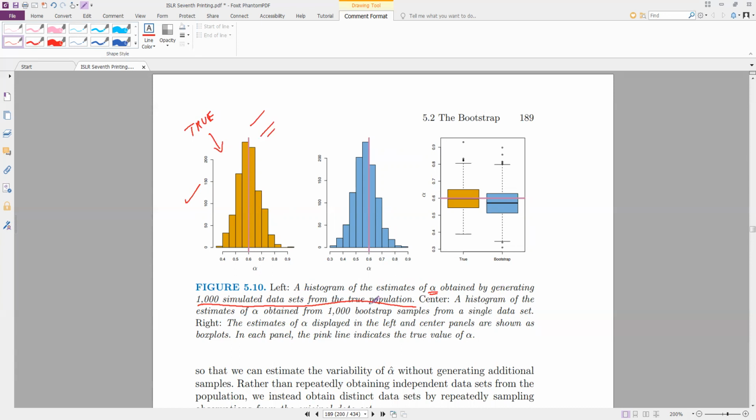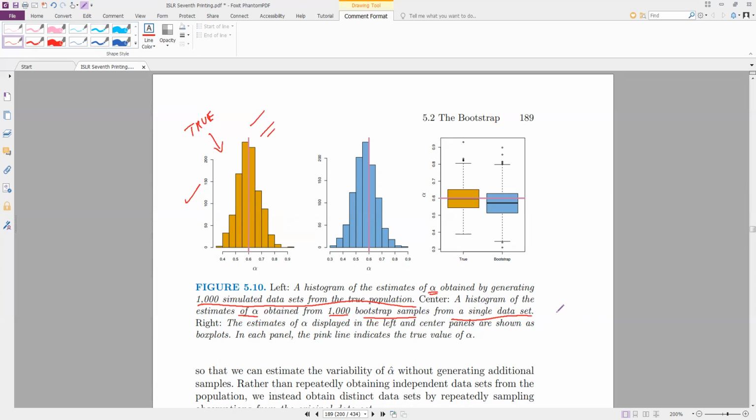That's as much truth as we can get here in terms of not being completely analytical or theoretical. So they're kind of doing a resampling, but it's the true population. If you look at the center one, these are estimates of alpha obtained from 1,000 bootstrap samples from a single data set.